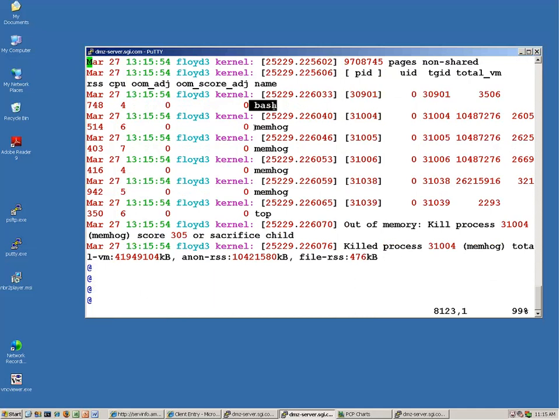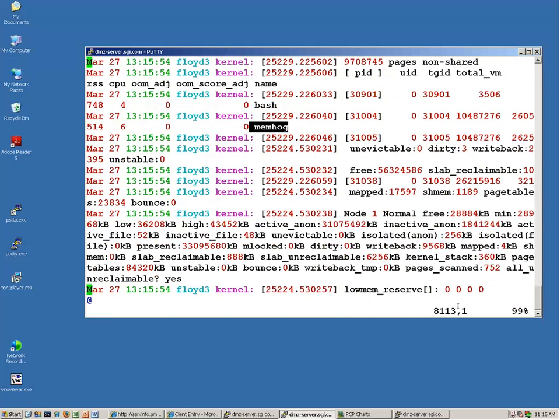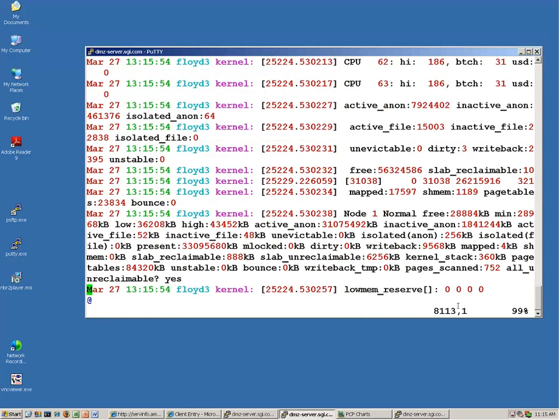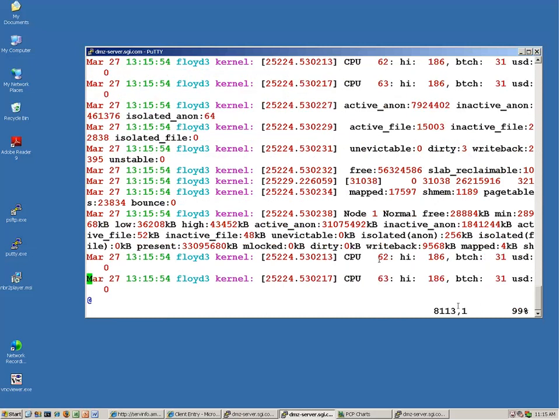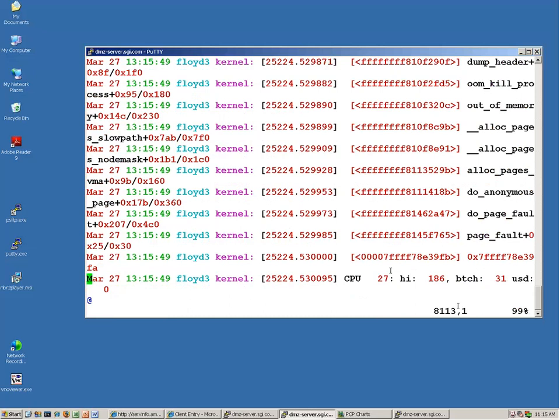And so that's the shell that I fired up all the mem hogs from. And then you get all this stuff on a per node basis. And look at this by CPU. So you can imagine having 4096 CPUs and multiple OOMs being hit.